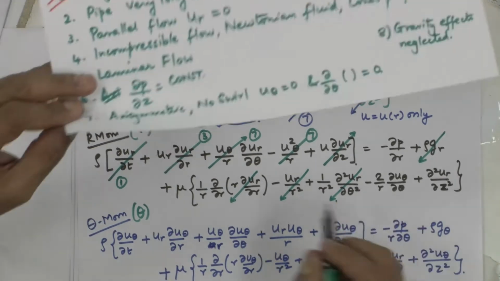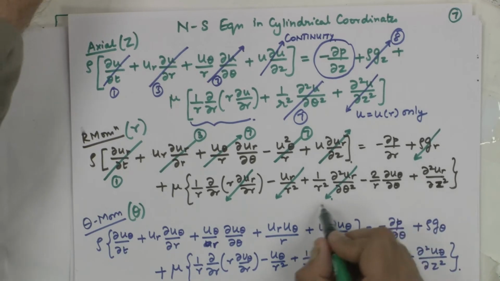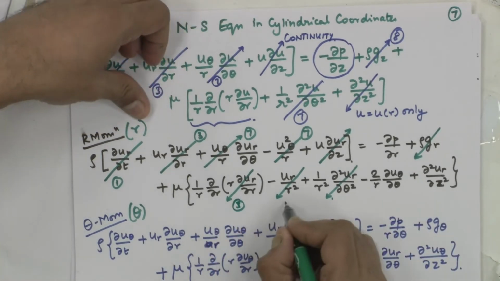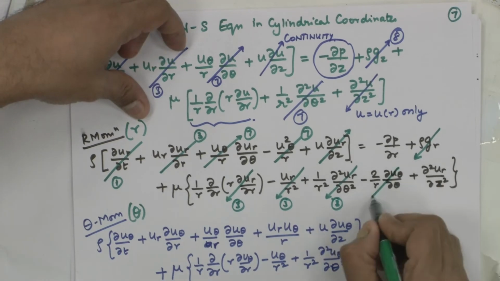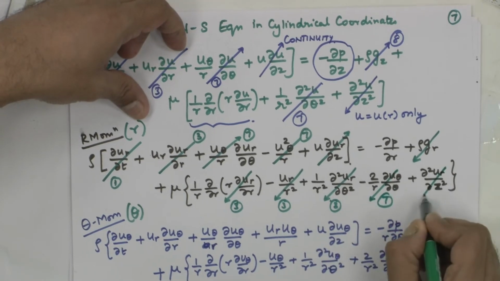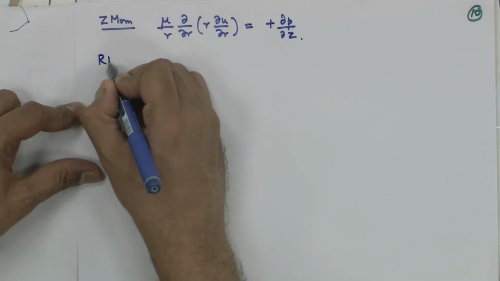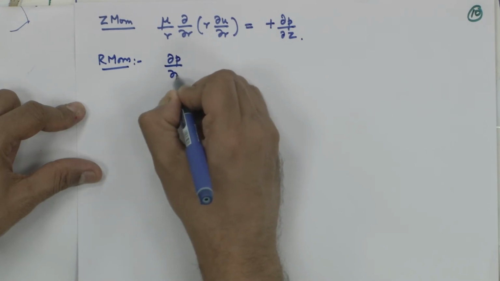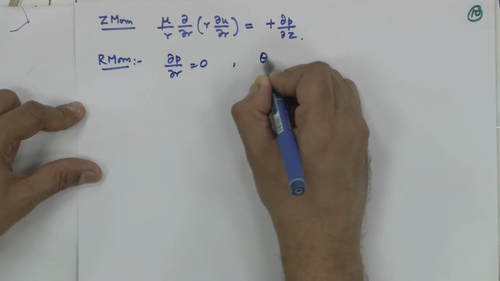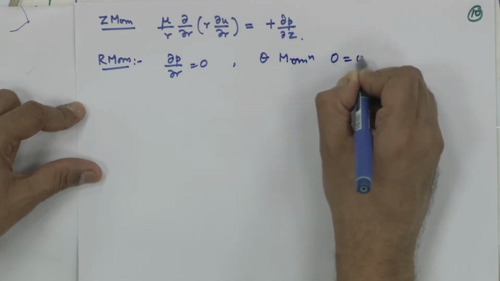Assumption number 3, u r is equal to 0. So, all these terms are dropping off because of assumption number 3. And this one assumption number 7, and this is also assumption number 3. R momentum equation was simplified to dp by dr equal to 0, and theta momentum equation was identically 0 equal to 0.